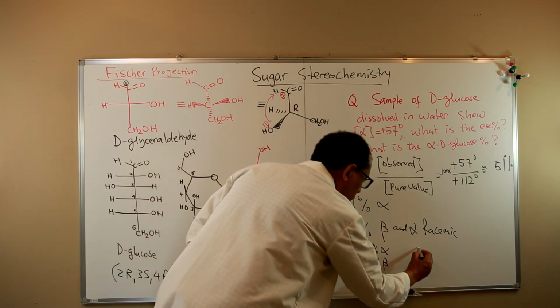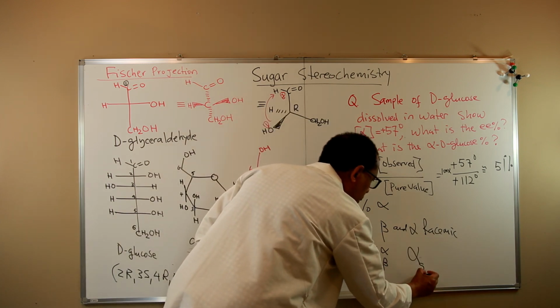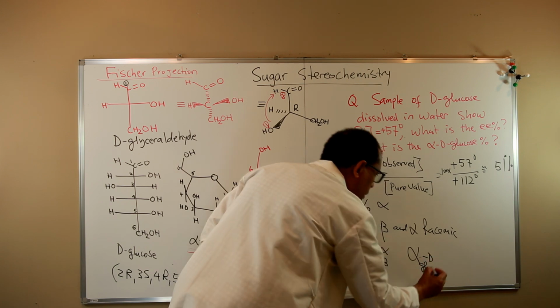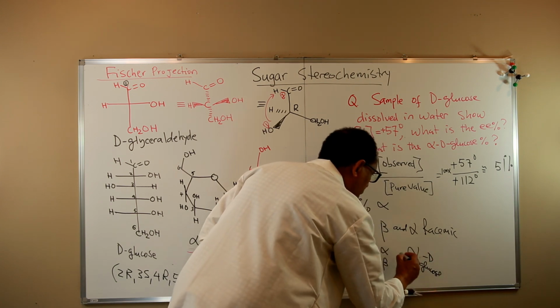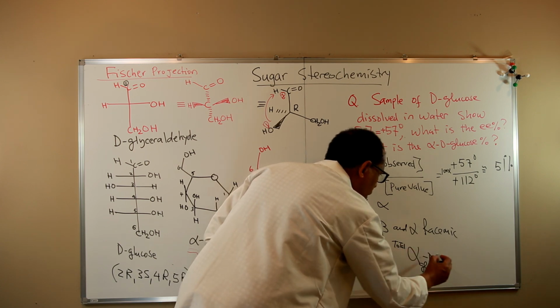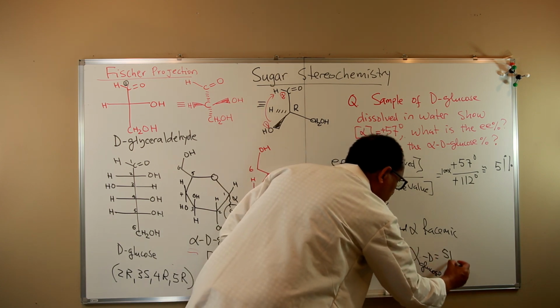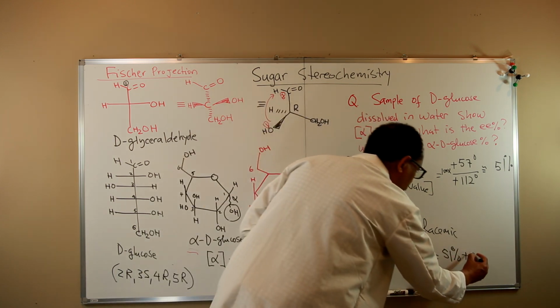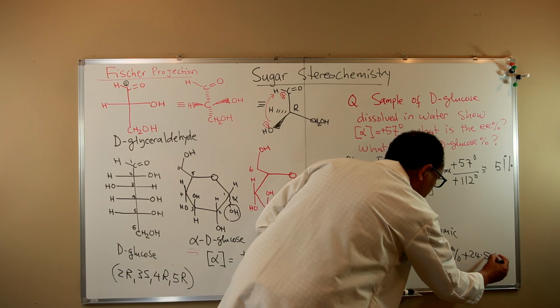So alpha total, alpha D-glucose total, is 51% from pure, and from the mix you would get 24.5.